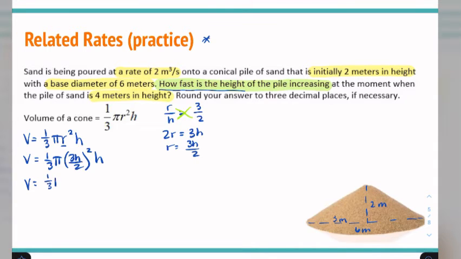I'm going to simplify. (3h/2) squared is going to be 9h squared over 4, times h, which is then going to go to 1/3 pi times 9h to the third over 4, which then I can multiply those fractions, and I get 9 over 12, which is going to be 3 over 4 pi h to the third. Okay, so now I have my simplified formula.